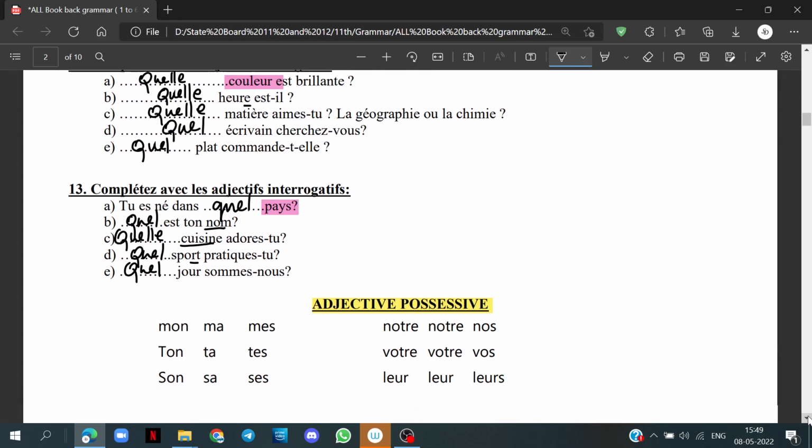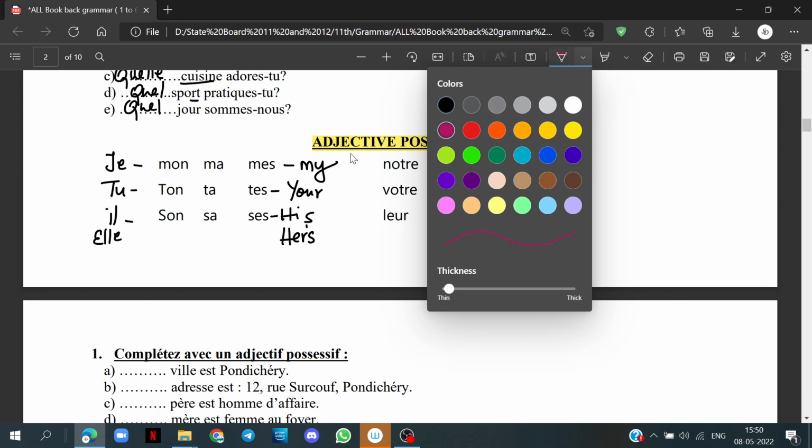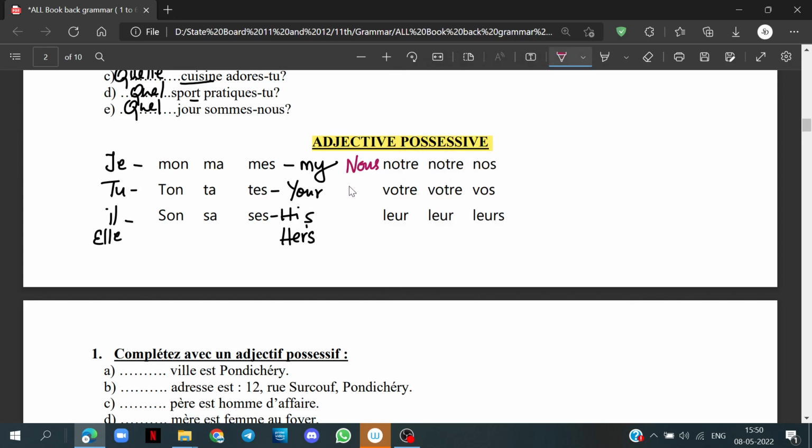The next adjective is adjective possessive. For this, you have to remember the tabular column, which is extremely important. For je, it is mon, ma, mes, the meaning is my. For tu, it is ton, ta, tes, it is your. For il or elle, it is son, sa, ses, it will be his or hers. Then nous will be notre, vous will be votre, ils or elles will be leurs.